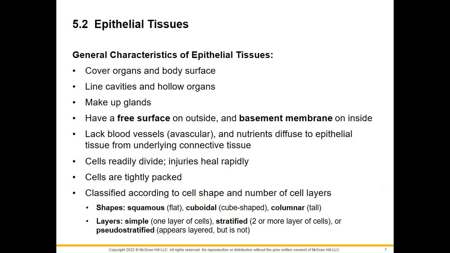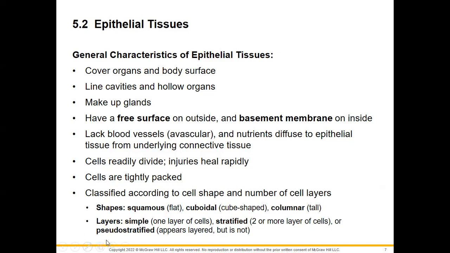Cuboidal cells are cells that are roughly the same size on either side of the cube. And then your columnar cells are going to be taller than they are wide. So you'll have one tall end in one direction.